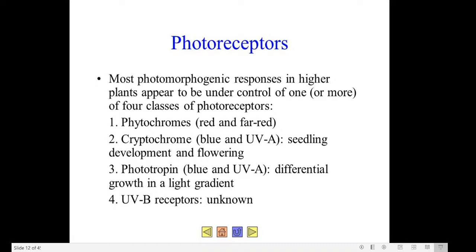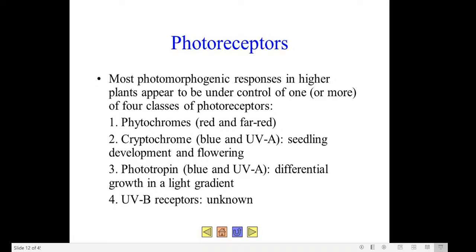Cryptochromes we discussed yesterday; cryptochrome is also another light-signaling compound. The phytochrome is a major activating receptor, a major influencing receptor in all pathways of the plant.